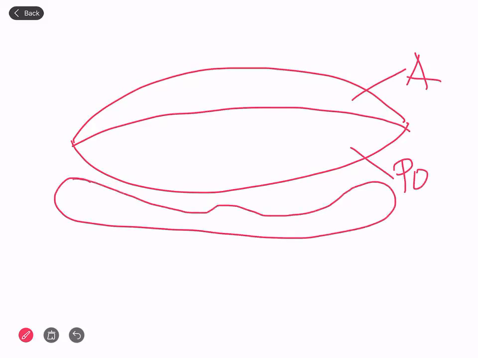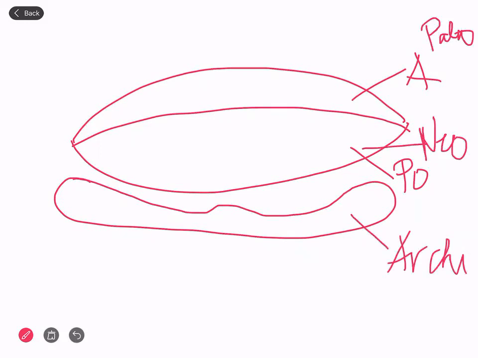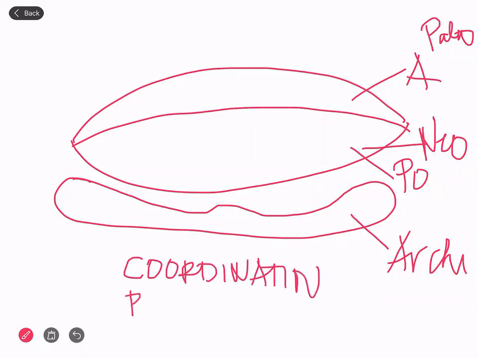The anterior lobe is also known as the paleocerebellum, the posterior lobe is the neocerebellum, and the flocculonodular lobe is the archicerebellum. Of course, the cerebellum has specific functions: coordination, balance, and tone and posture.